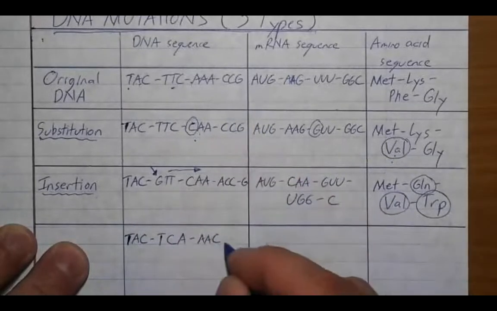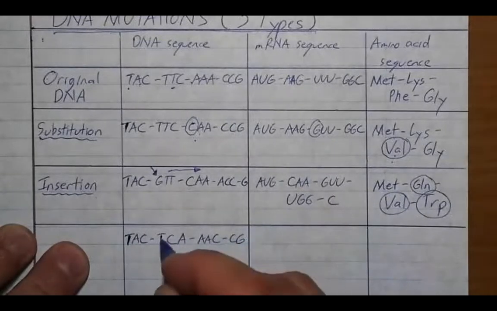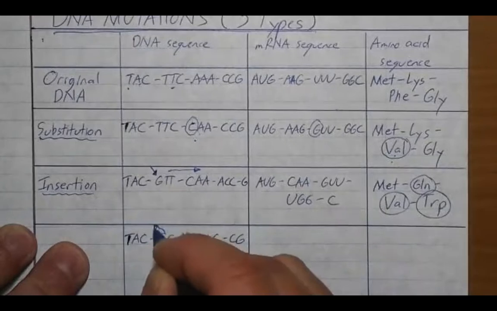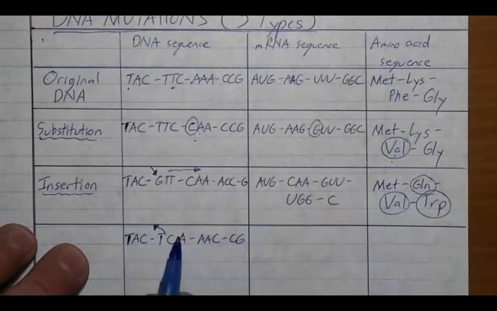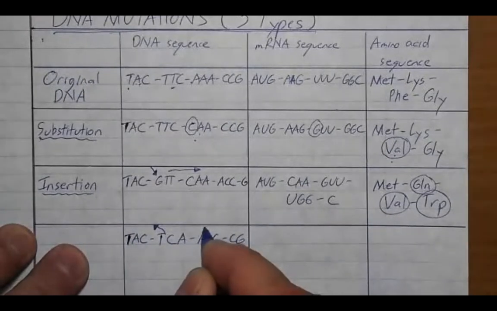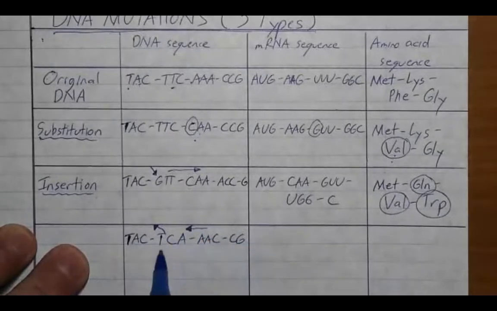And then now all I have left right here is CG. And so what happened? The T that was right here, it took off. It got squeezed out. This is like when you're standing in line at a Disneyland ride and you gotta go to the bathroom and you leave and then the whole line shifts forward a little bit. So this way the whole line shifted forward, slid that way, because that one left.